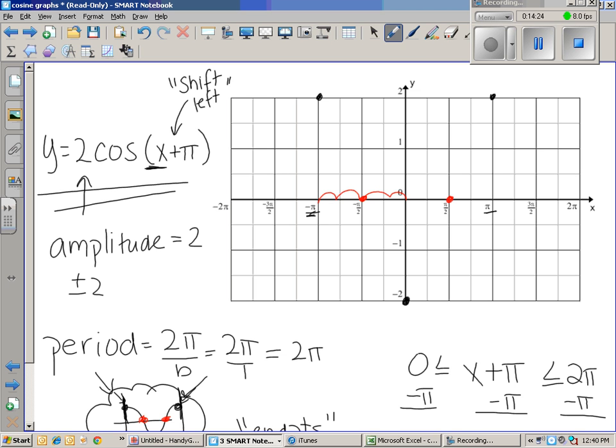So when we say halfway, we're talking halfway between these 2 points. And it turns out we go like this. This one's kind of tall for my graph, and I'm short, so sorry. That's your cosine graph. The only thing I'm looking for here is that you can tell me the coordinates of the 5 points that we just talked about.